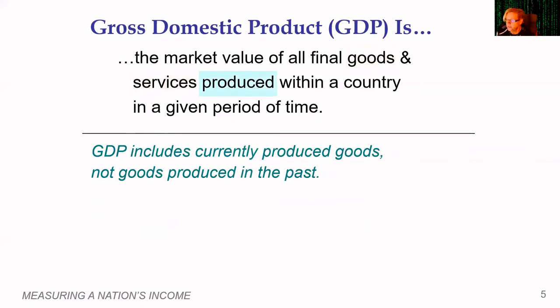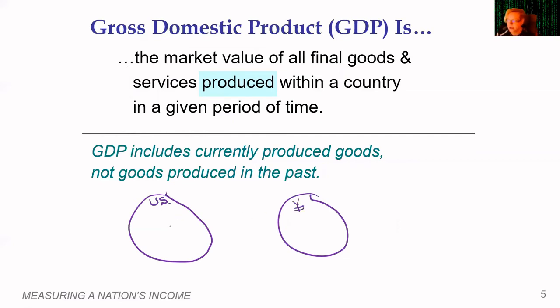Okay, produced. We mean things that are produced within the United States. So it doesn't matter where the business is from. If that good is produced within that country, it becomes part of that country's GDP. Let me give you an example. An example might be Sony. Over here, I have the US, and then I have Japan by their little symbol here for yen.